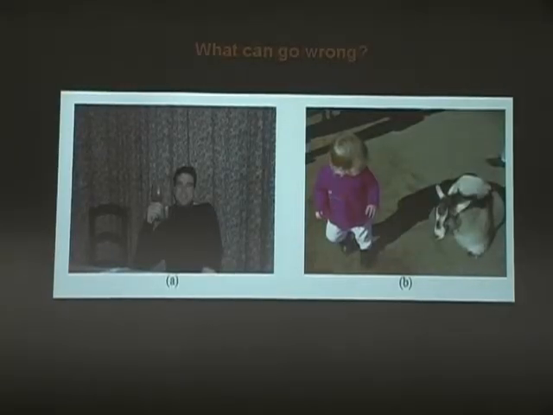So what can go wrong? I give you two images where my algorithm makes errors. On the left side is a human sitting in front of a curtain. But if you take a close view, you will find the curtain is made of artificial leaves.